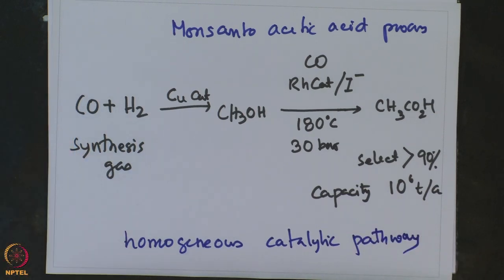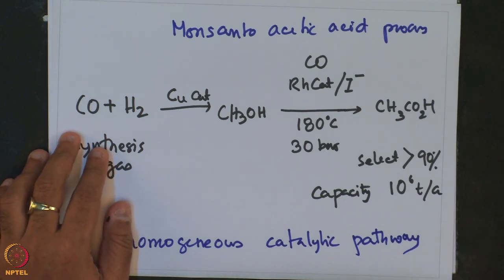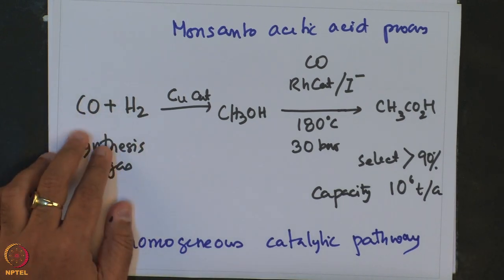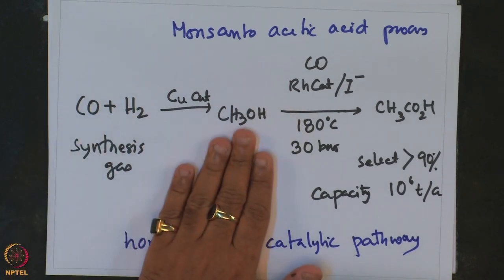Now, what is important over here is that this extension of C1 chemistry, which is nothing but the carbon monoxide and hydrogen, the synthesis gas, is converted to methanol, and subsequently using this Monsanto acetic acid process, one produces acetic acid, and this overall scheme of things can be seen as an attempt to establish or prepare higher technical organic compounds from C1 building block.